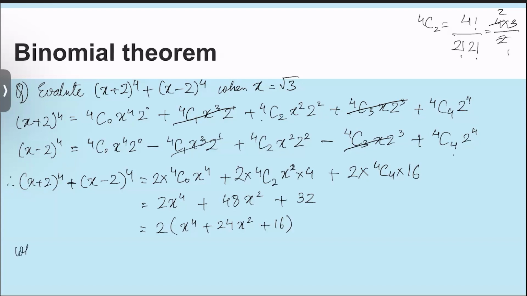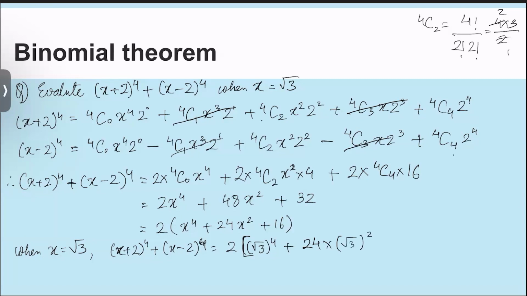When x is equal to root 3, (x + 2)^4 plus (x − 2)^4 would be 2 into root 3 raised to 4, plus 24 into root 3 squared, plus 16.